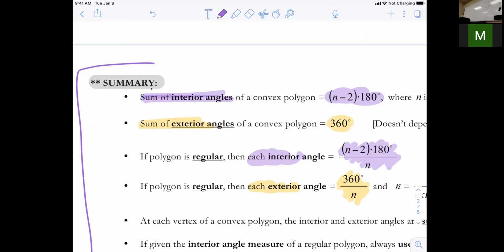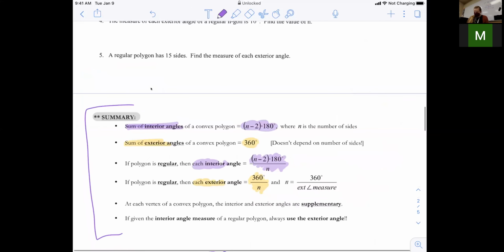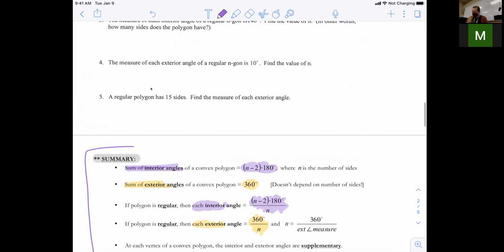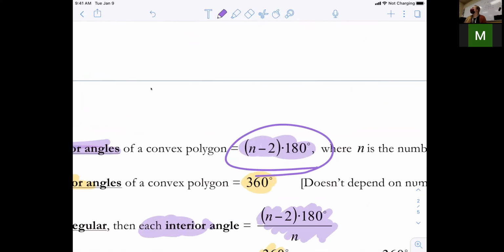Some of them are right. All right, let's go over these. Number one of this example asks you to find the sum of the measures of the interior angles. If I forgot, the sum of the measures of the interior angles is this one: n minus 2 times 180.